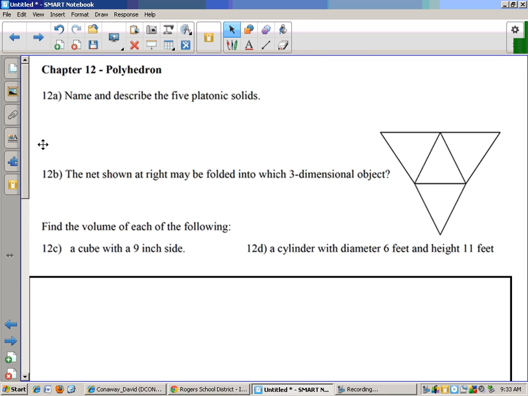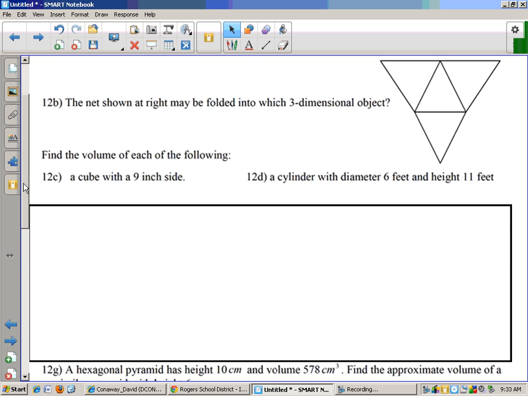The net shown at the right may be folded into what 3-dimensional object? So we need to use our names to describe this. Is this object going to be a prism or a pyramid? Why a pyramid?